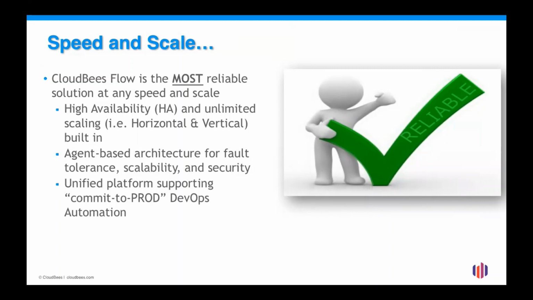We have some customers managing hundreds of thousands of target platforms with hundreds of thousands of jobs a day. And this is the reason why we have an unlimited scaling of the architecture.